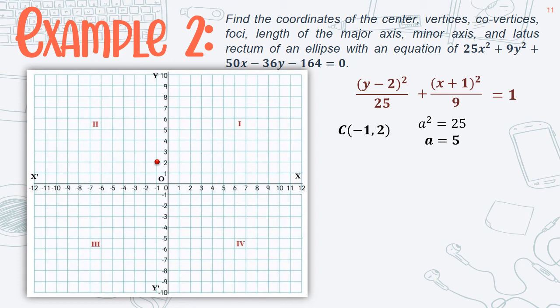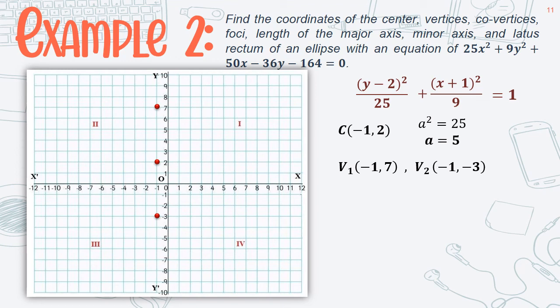Now, if that is the measure of our semi-major axis, we can count 5 units upward and downward from our center. Again, it is vertical, that's why we count upward and downward. Therefore, there we have the endpoints or the vertices of our ellipse. So V1 is at (-1, 7), and V2 is at (-1, -3). Those are our vertices.